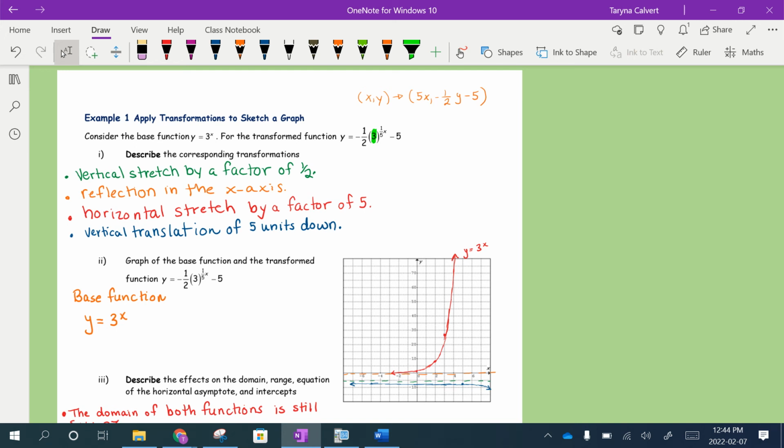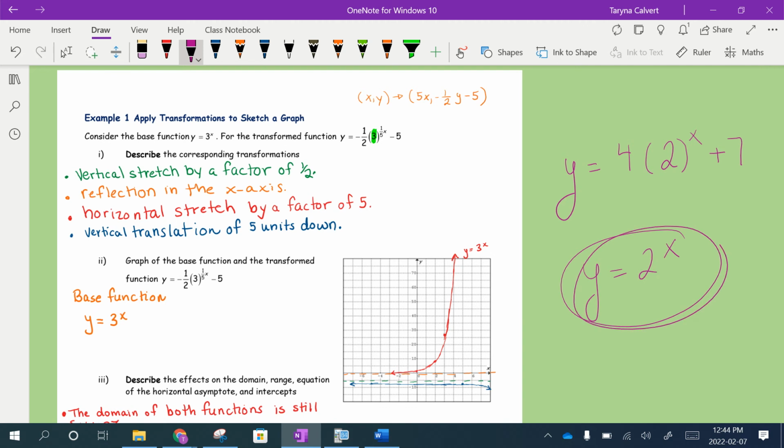So just to make it clear, if I gave you something like y equals 4 times 2 to the exponent of x plus 7, okay? This is your base function. This function here has a horizontal asymptote where y equals 0. That's your x-axis. So if I do this to you, all that's going to do is move that horizontal asymptote, because remember, you apply your stretches first.